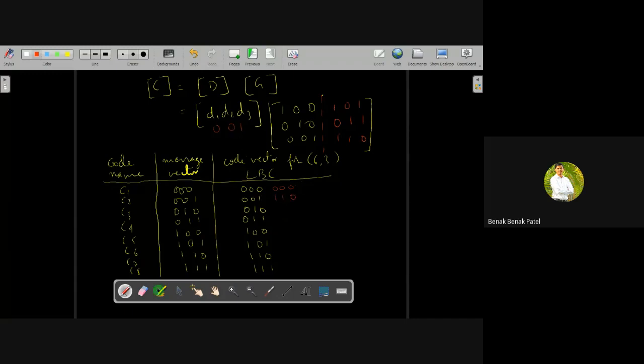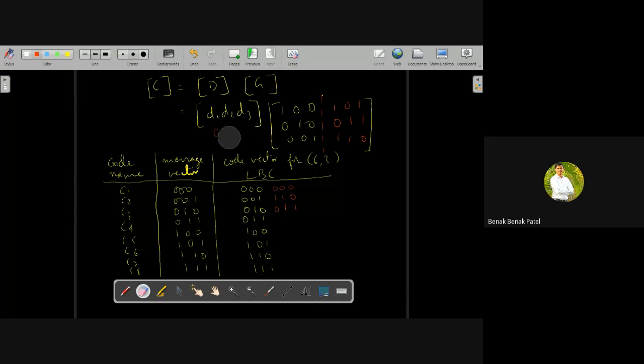And for my next message, that is 010, this one represents the middle row, so here I'll be getting 011.